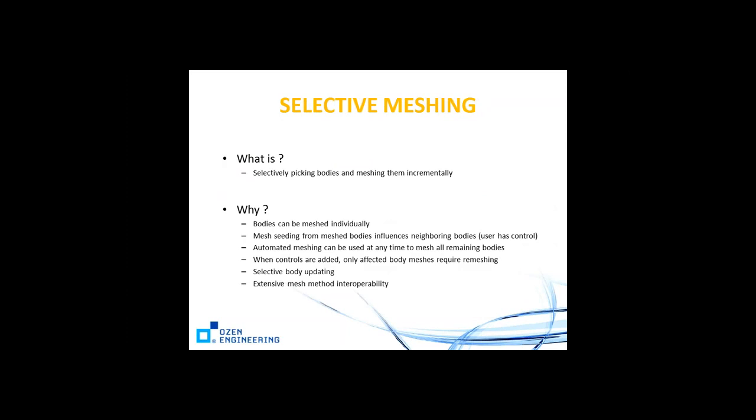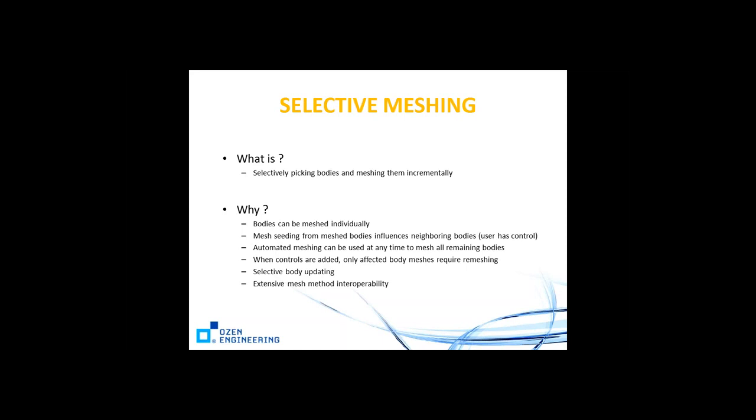And then we have selective meshing. What is selective meshing? It's selectively picking bodies and meshing them incrementally. This is kind of tedious because you have to go and pick the bodies in an assembly, and then you say, all right, mesh this first, then mesh this, mesh that. But why do you want to do this? You want to torture yourself?